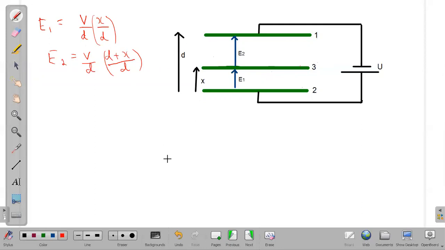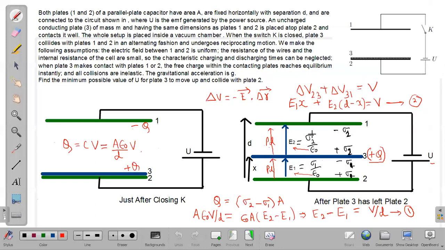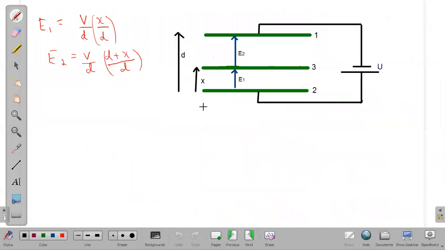Now that we have obtained E1 and E2, we can obtain the values of sigma 1 and sigma 2 also. These charge densities can be obtained now, which means minus sigma 2, here it was plus sigma 2, then minus sigma 1, and then plus sigma 1.